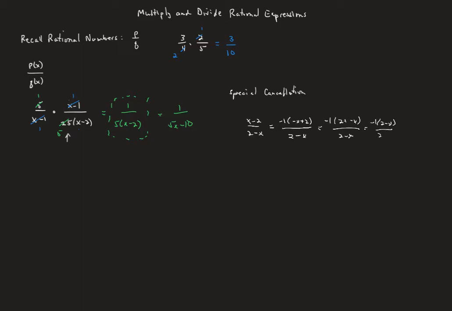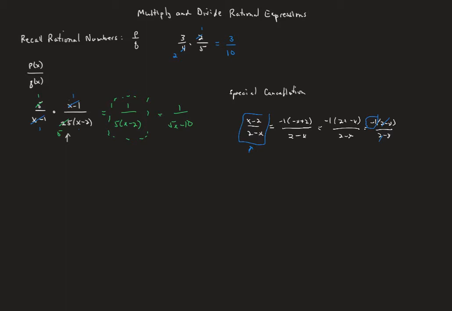And so what we've done is we've taken this original x minus 2 over 2 minus x, and we've maneuvered it so that it cancels and leaves negative 1. So we'll just know that's the way that works for these kinds of situations where we have two subtractions, but in reverse order. We'll just cancel them and leave negative 1.